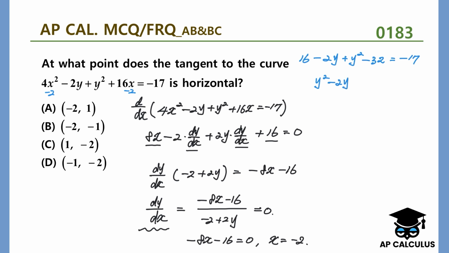Here we have 16 minus 32, that's negative 16, and we add 17. So that's going to be plus 1, equal to 0. So far so good. If we factor this, that's y minus 1 squared. So when x is equal to negative 2, y is equal to 1. So the point is negative 2, 1. This is our answer. So the answer has to be A.